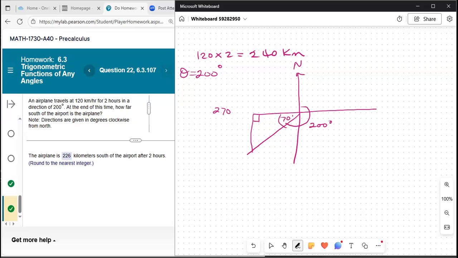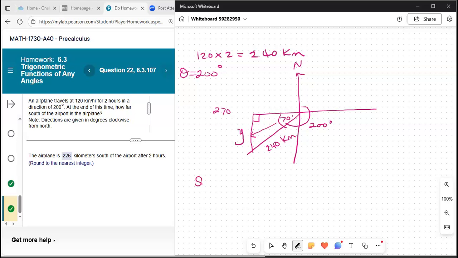And the plane went 240 kilometers. We need to know how far south of the airport the plane is. So we want to know what is Y. So that's across from the angle, the opposite side.